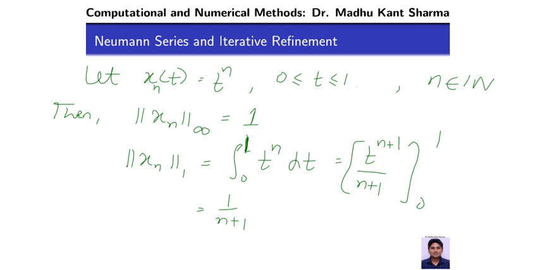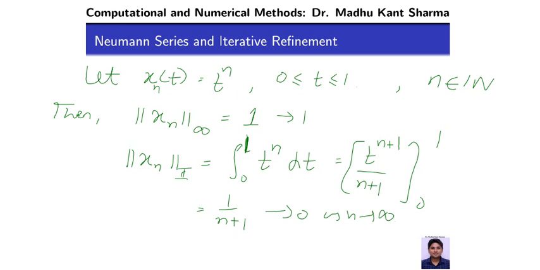This tends to 0 as n tends to infinity. So with respect to the integral norm, x n converges to 0, but with respect to the infinity norm, the same thing is not happening.